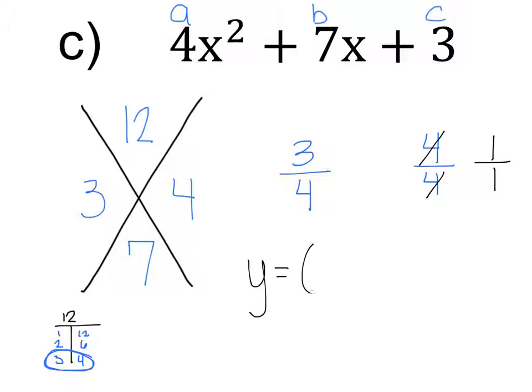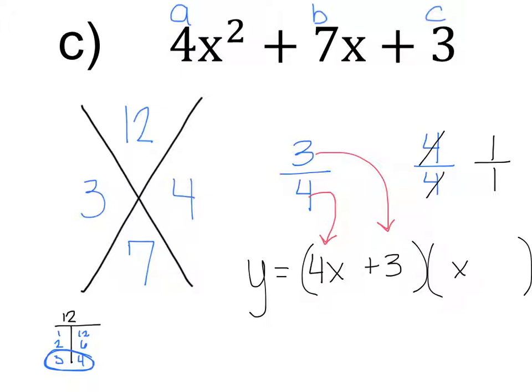Now make our factors. We didn't have a greatest common factor, so no number in front. Just these. So 4, the bottom, becomes your coefficient. So we're going to have 4 right here. And the 3 is your constant, plus 3.